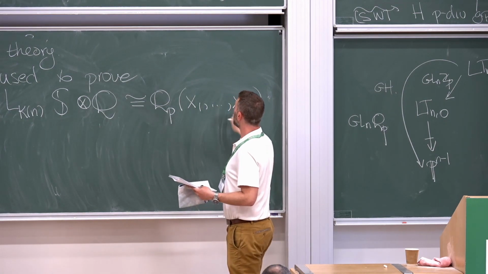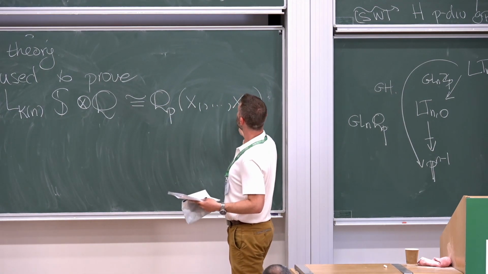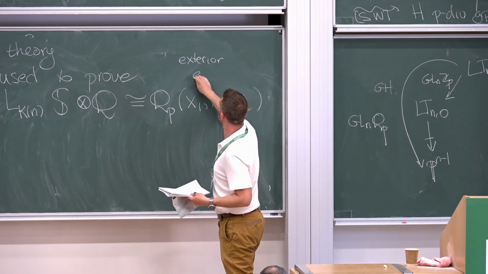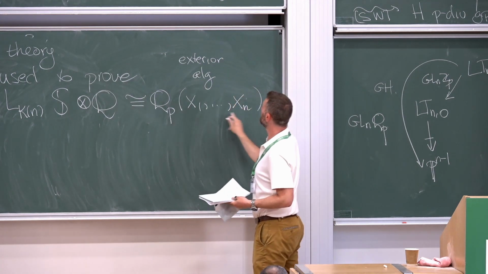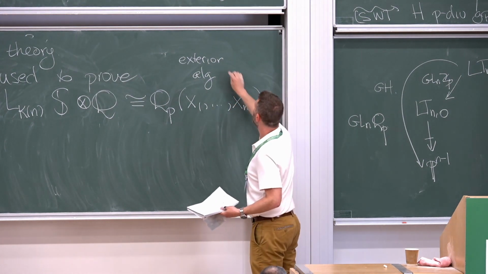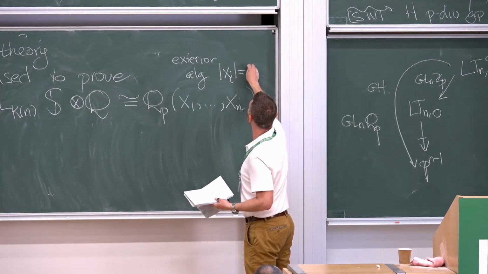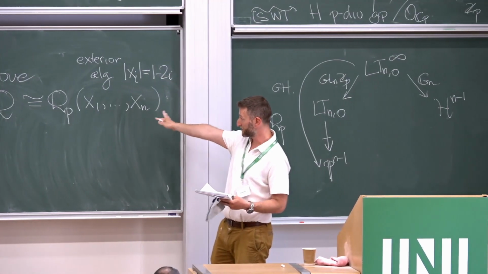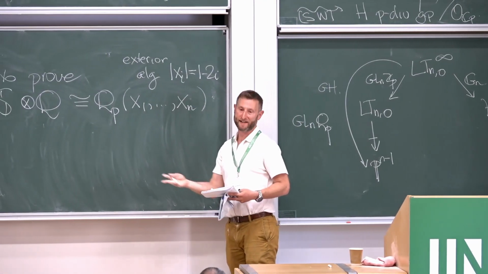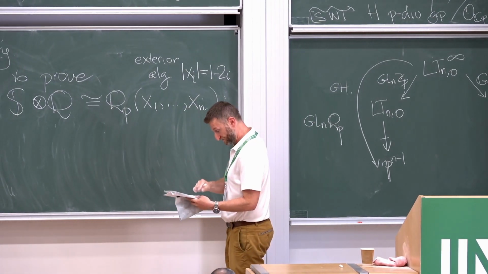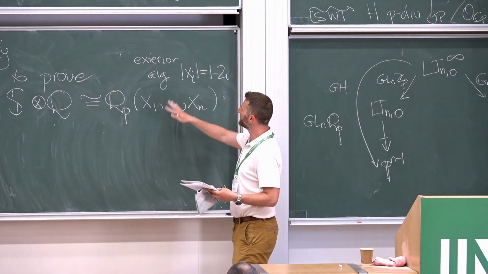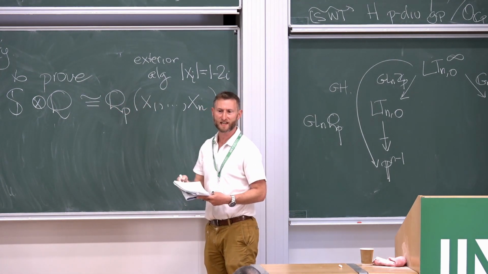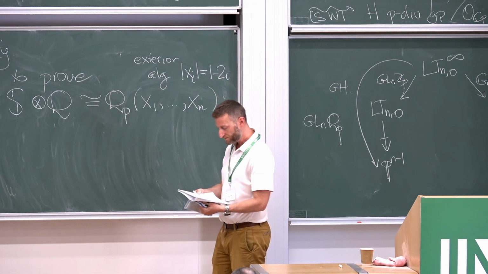This is supposed to be a graded ring. This means the exterior algebra over Qp with the indicated generators, and the ith generator has degree 1 minus 2i. So it's a computation of what the homotopy groups of the rationalized K_n-local sphere are. So this had been known previously in the n equals 2 case, and we used Faltings' theorem to get all of the rest of the cases.